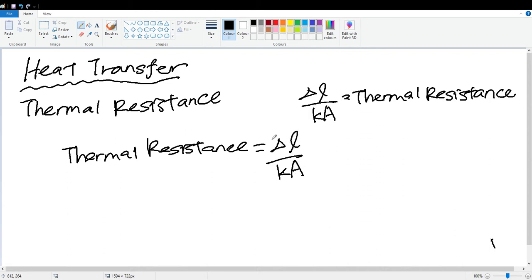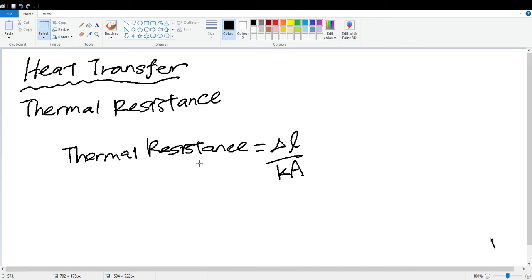From this equation, I can observe the relation between these three variables. If the cross-sectional area of the wire, let's say my object is the wire, is smaller, then the thermal resistance is higher.